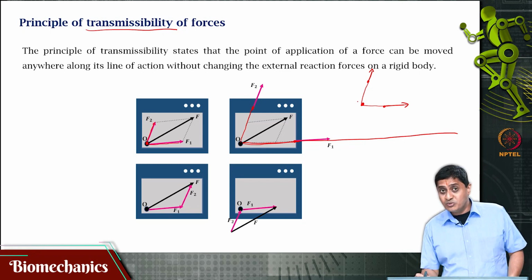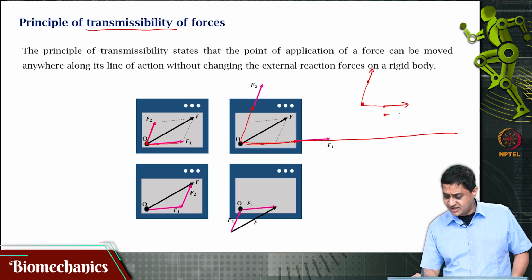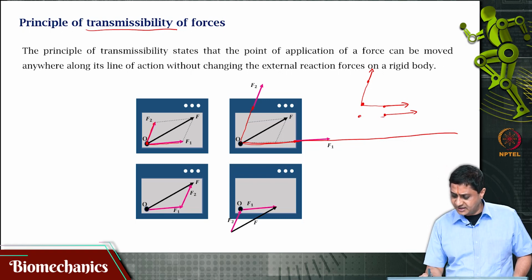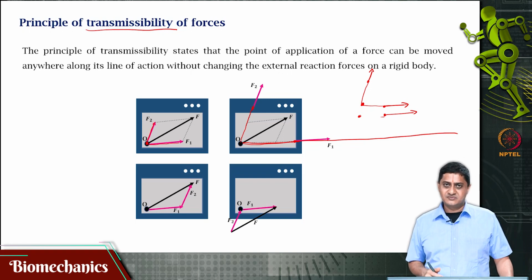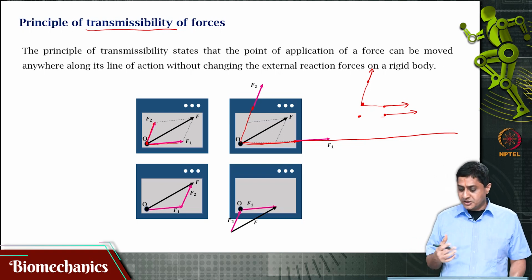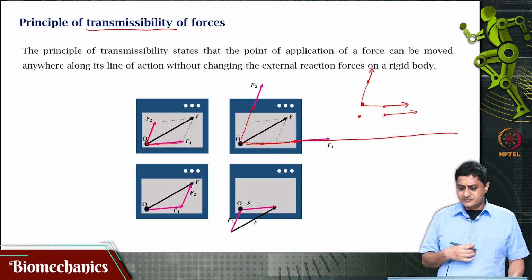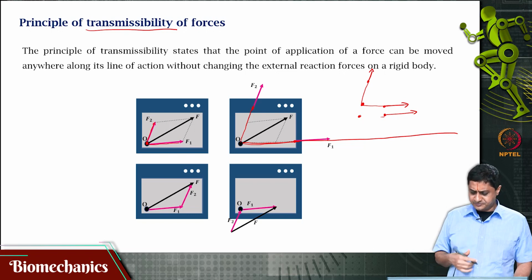So I could move it not only along the positive direction, I could also move it along the negative direction. So, although the force is starting here and acting in this direction, I could essentially pull this force and make it act from this point. That would not change the analysis. Right. So, this is a very convenient principle that is used in the analysis of forces quite frequently.